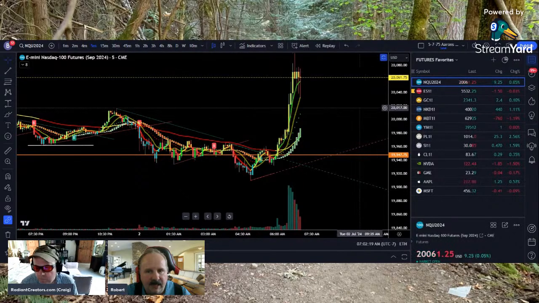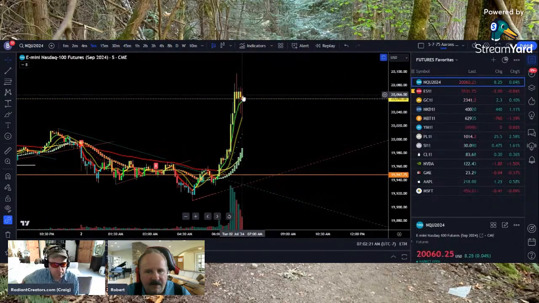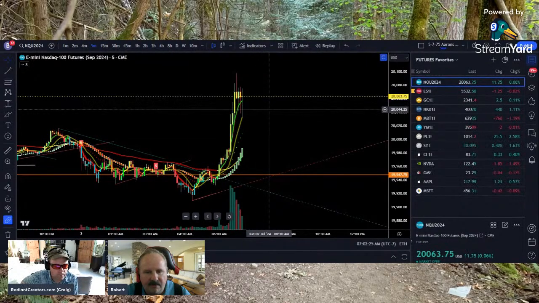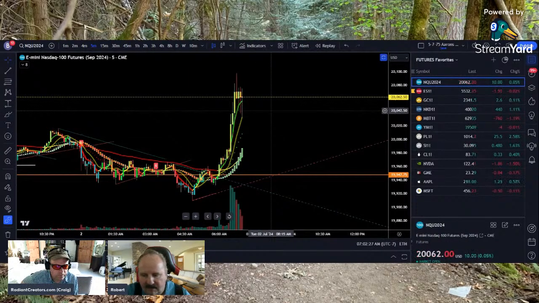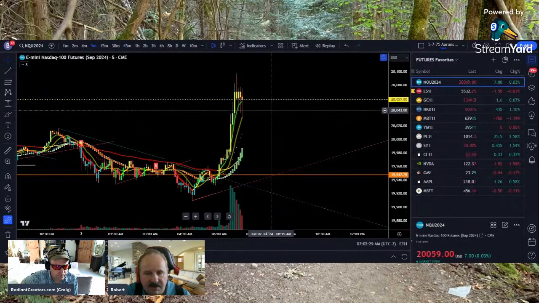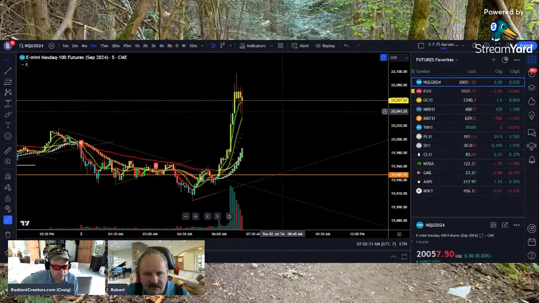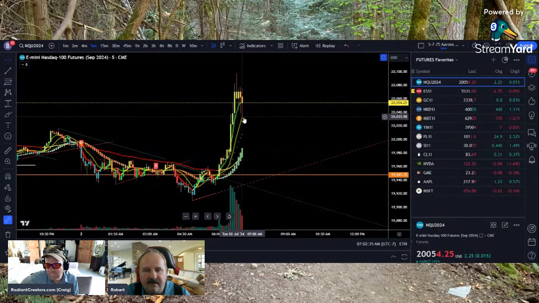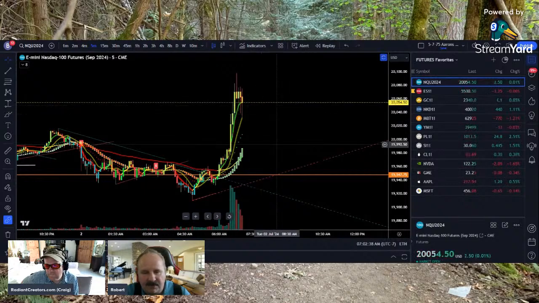So this could actually just mess around in this area and give the overbought condition just enough of a relief to go higher. Yeah. Or the bears could just take over and dump it down.